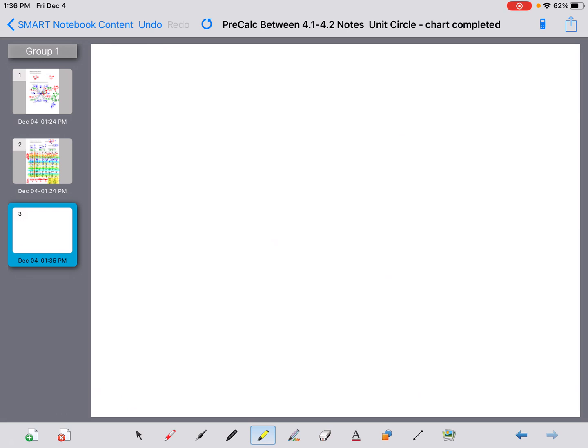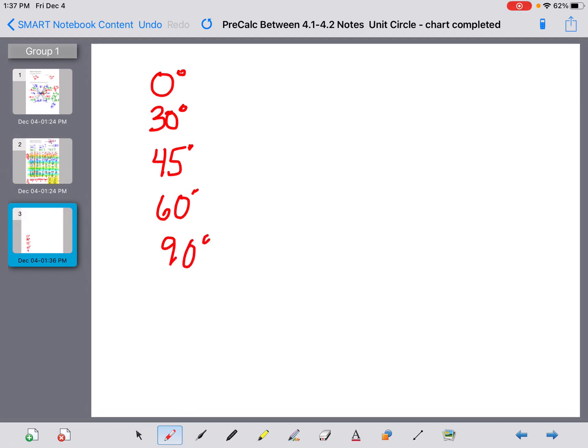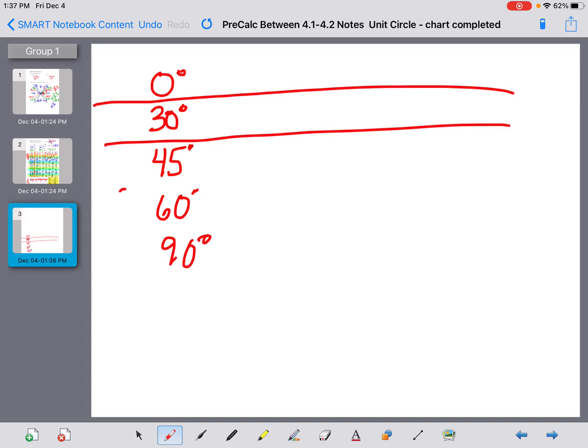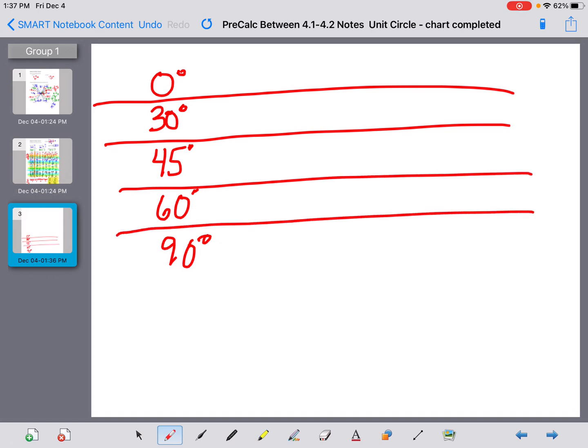Okay, so on my first quadrant chart, this is what I'm going to start with. So important to start with 0 degrees. Okay. Then we're going to go to the next one, which is 30 degrees, then 45, 60, and 90. Okay? That's where my first quadrant's going. And I know earlier I put 90 to start the next quadrant, but we're going to just start it right there. Okay.